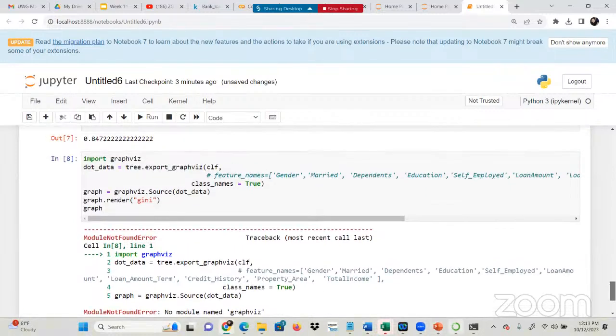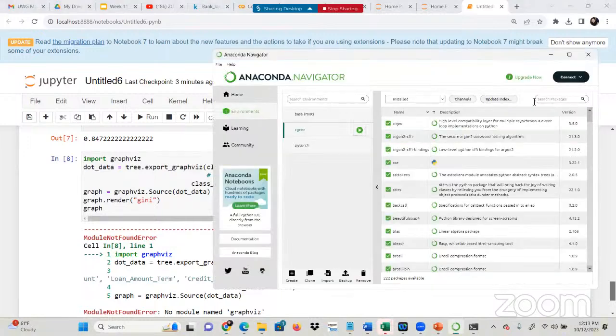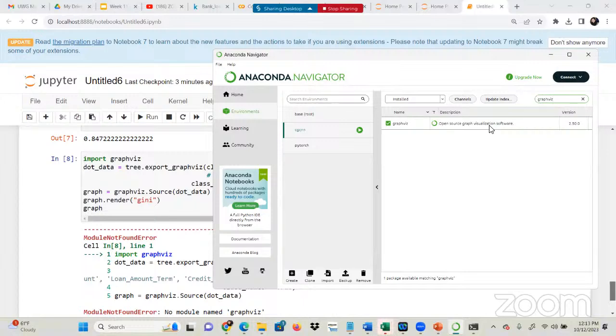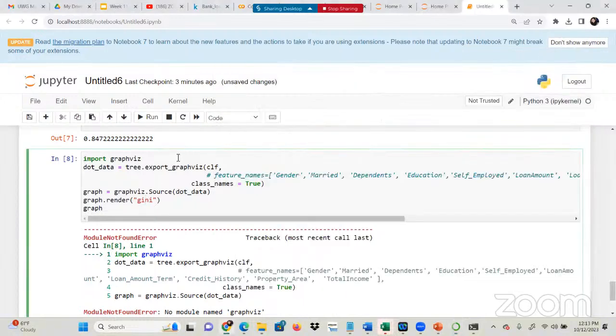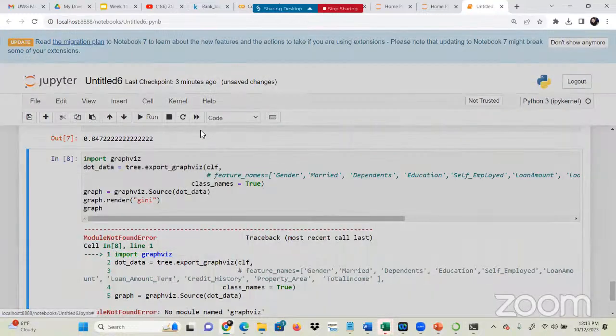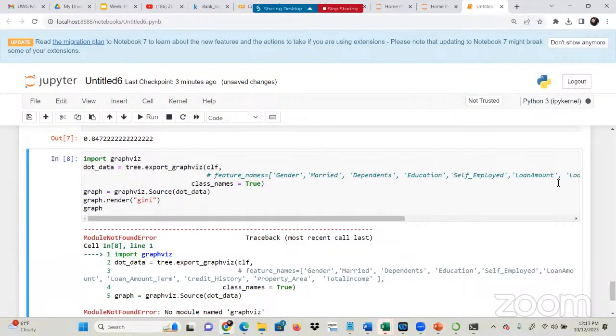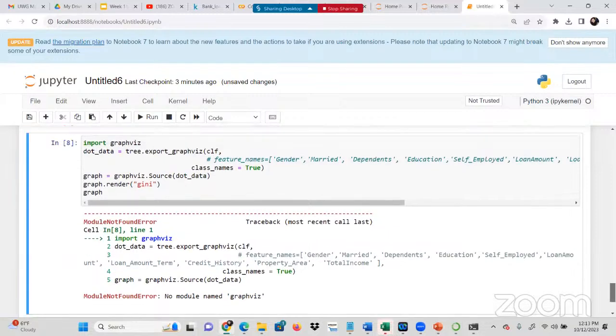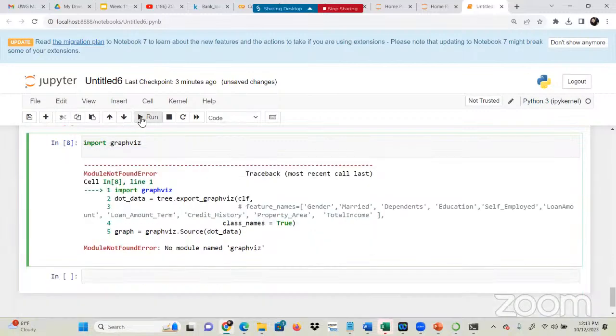It should work. I did install it. If everything doesn't work, you just need to restart the computer. Probably will work. Or you have to check in the terminal to see if this library is installed or not.